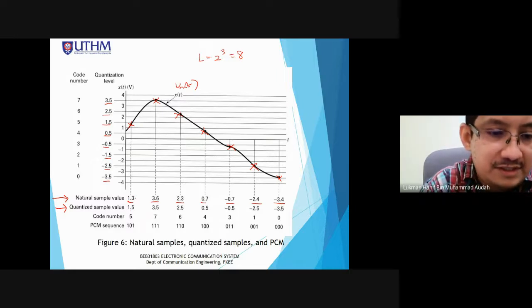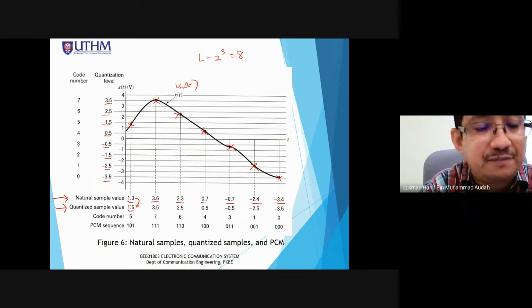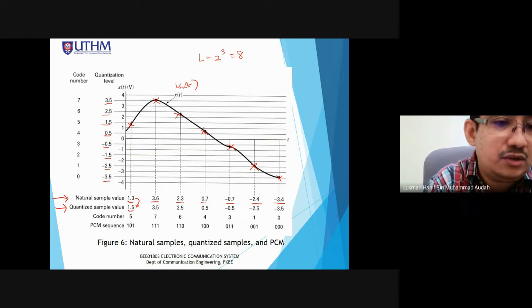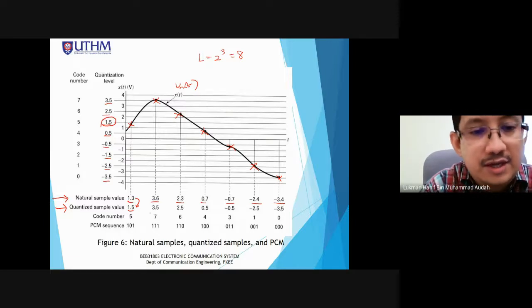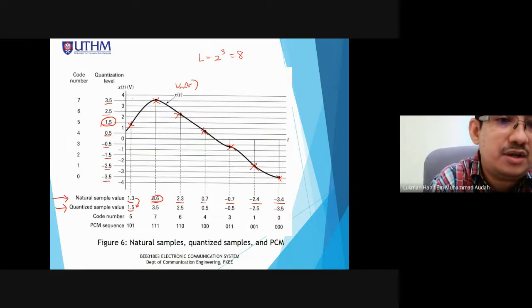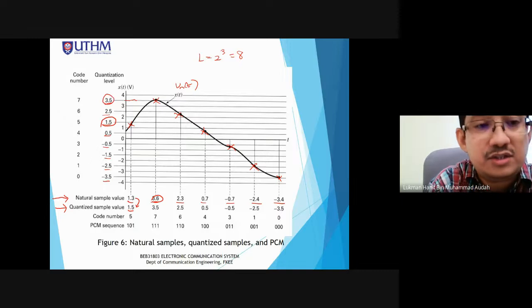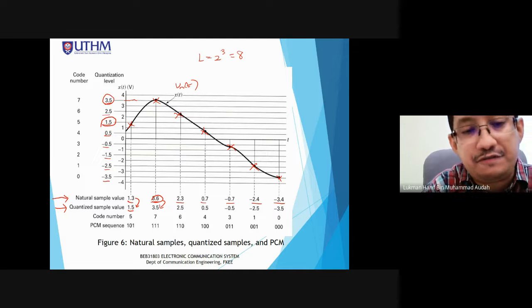So for example, the first sample is 1.3, we rounded up to the value of 1.5. Okay, the nearest is 1.5. Okay, and then the second sample is 3.6. So if you see from here, the nearest quantized level is 3.5 volt. So we rounded up to 3.5.